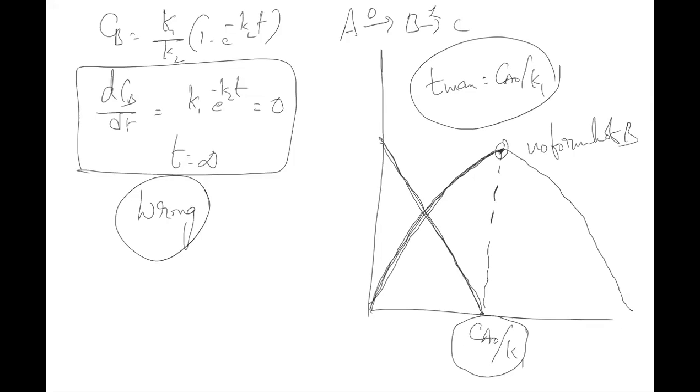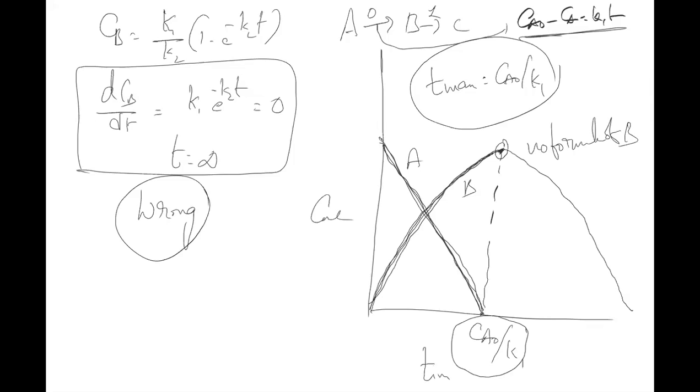So this is your A profile, this is your B profile, concentrations with respect to time. Your A decreasing is a straight line equation because A to B is a zero order reaction. So if you write CA naught minus CA equal to K1 into t, this is the equation.